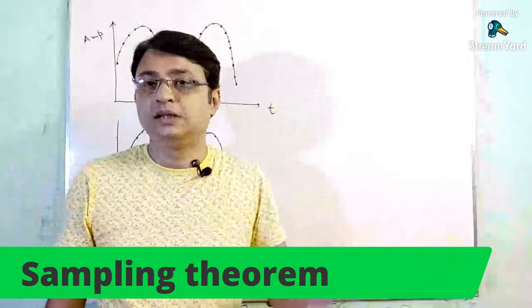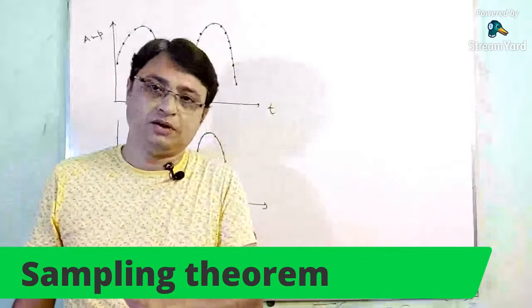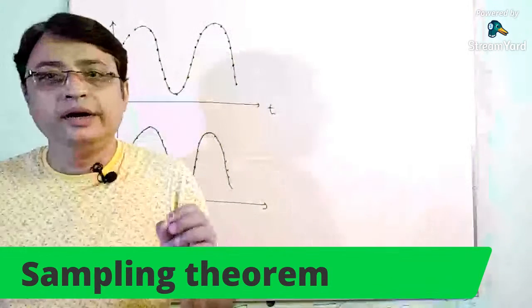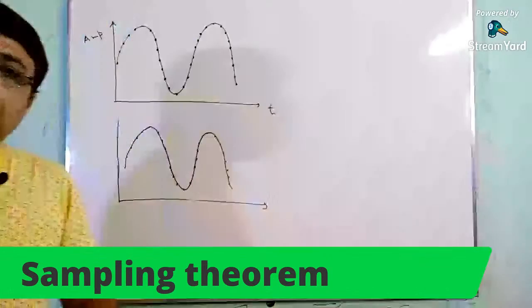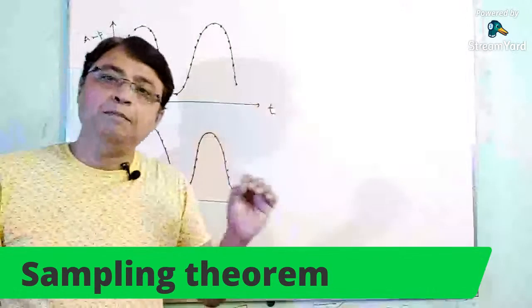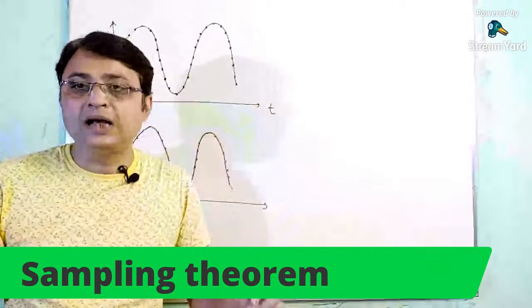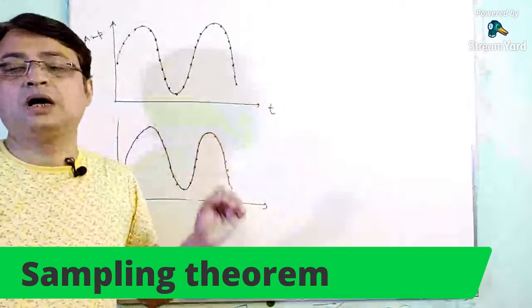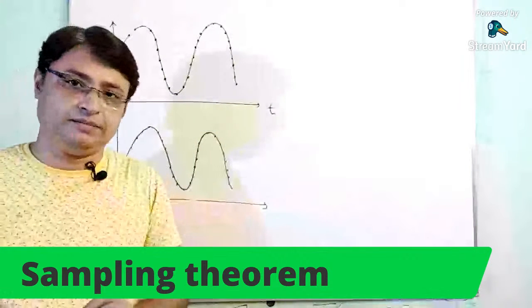So you have to sample this signal at minimum twice the frequency of the original analog signal.